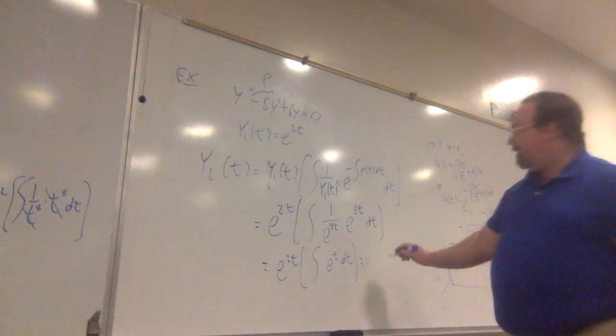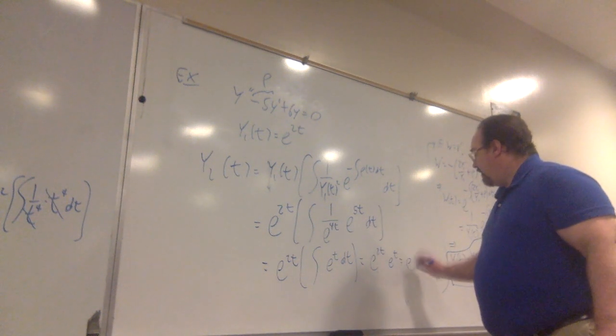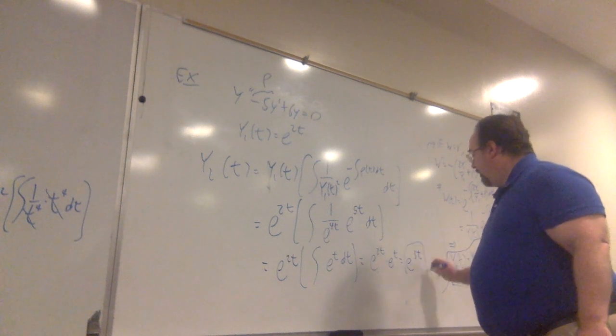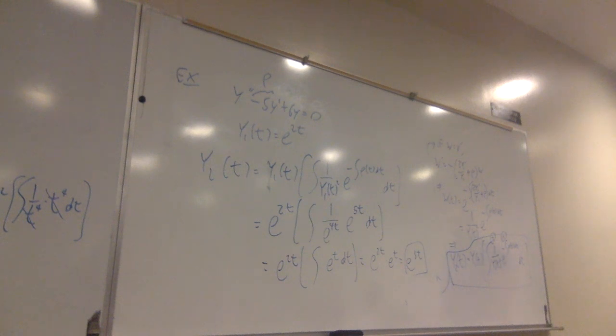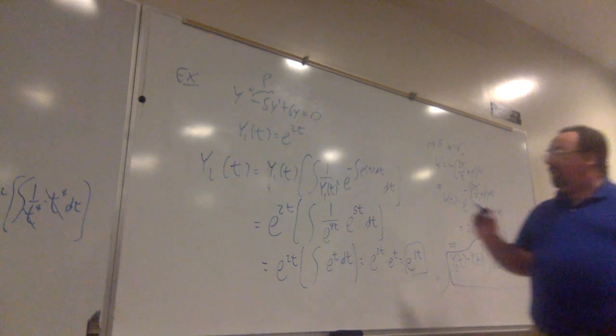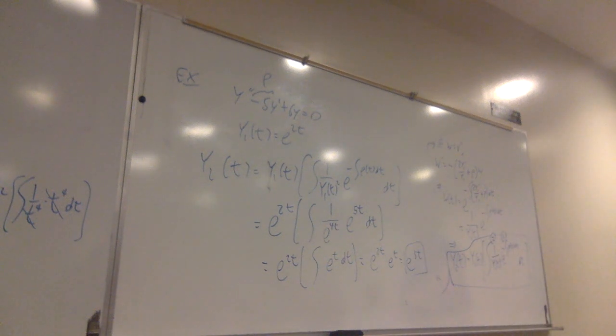The integral of e to the t is e to the t. So you get e to the 3t. Okay. So for a reduction of order problem, just go with its solution formula, grind it out, and bam, you're done.